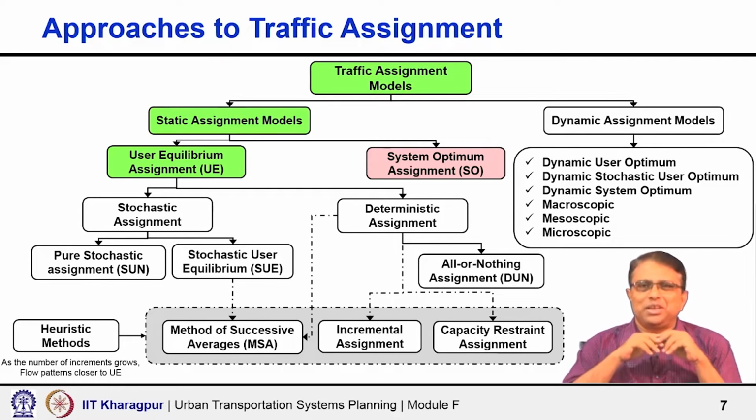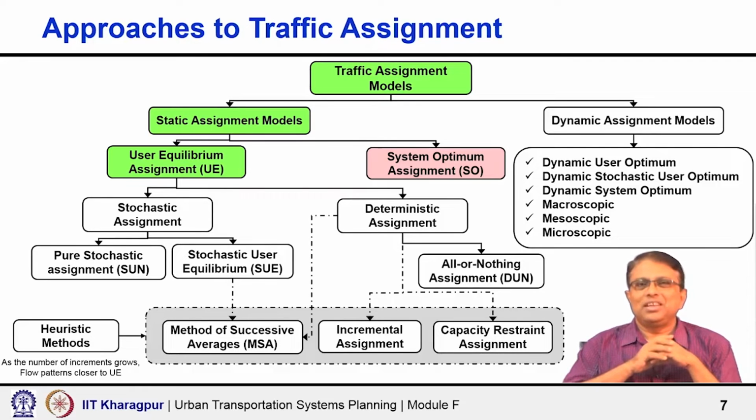Accordingly, I am taking a path. Every individual is taking a path like this. Everybody is very individualistic, thinking about his or her own benefit. That gives the user optimal.